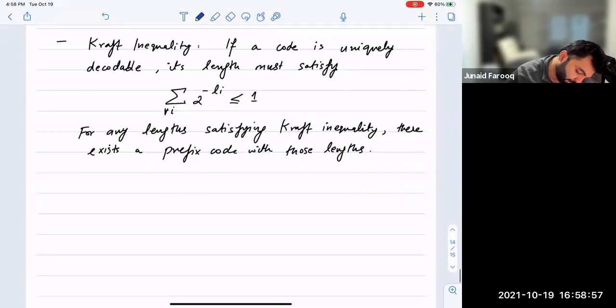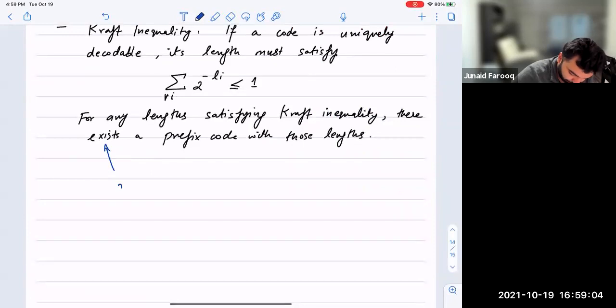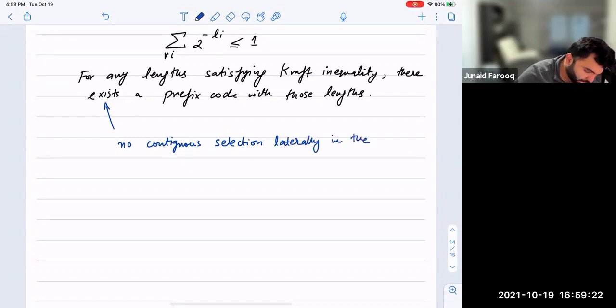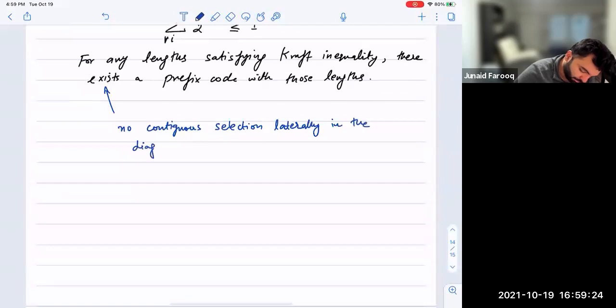So in other words, there exists a way to always place them where you don't have any contiguous selection laterally, in the diagram of the Kraft inequality.